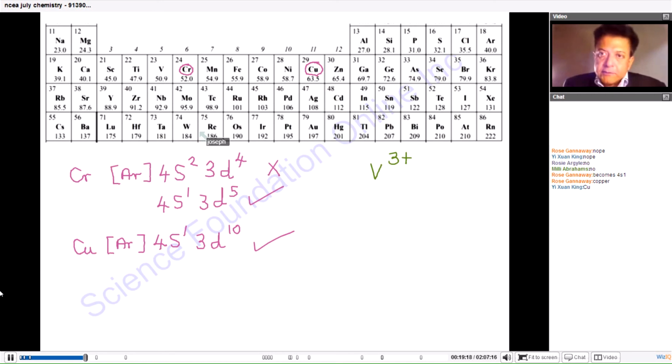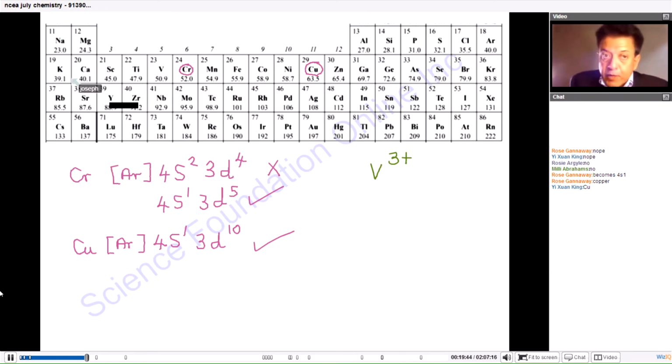The end result of that whole process is that the d orbitals are lower in energy than those electrons in the 4s when it comes to removing those electrons. So the 4s electrons come off first before you remove the electrons in the d orbitals.